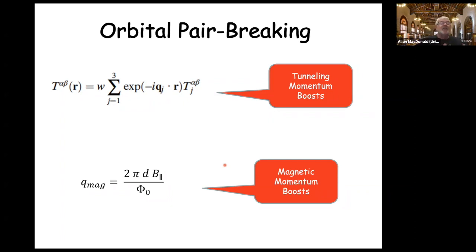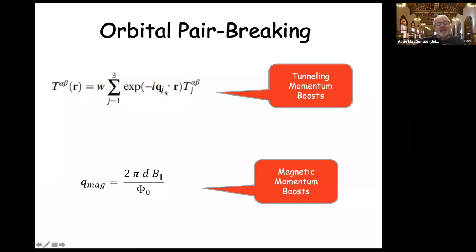And so here, on the top, is this interlayer tunneling amplitude I talked about before. That's responsible for the Moire pattern, basically, or how it impacts electronic properties. And its Fourier representation is given here.